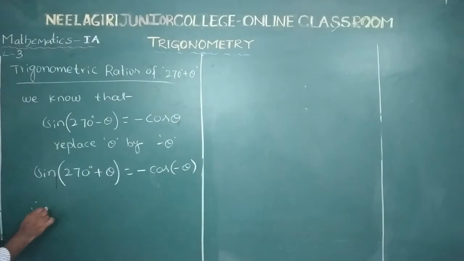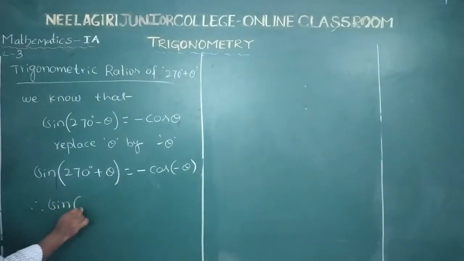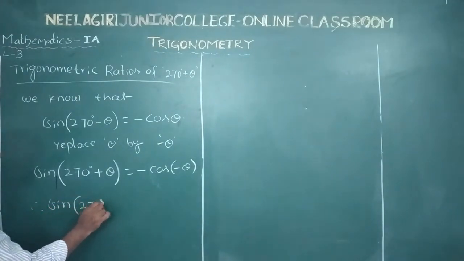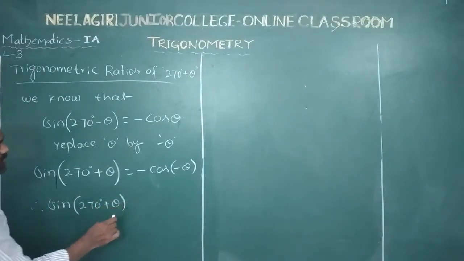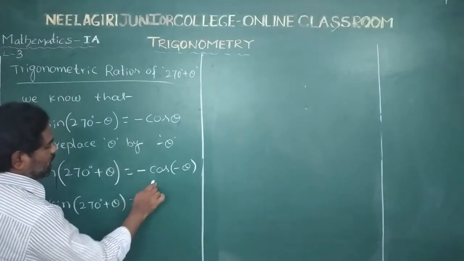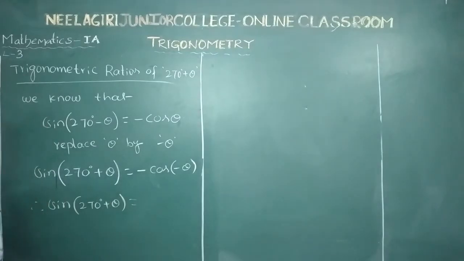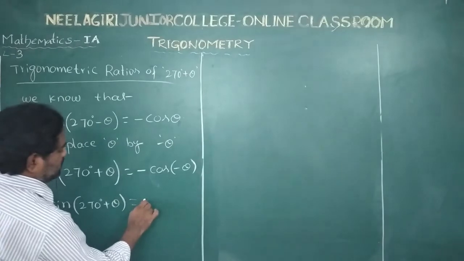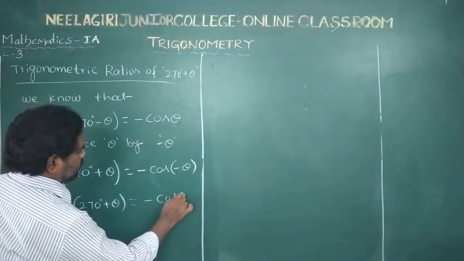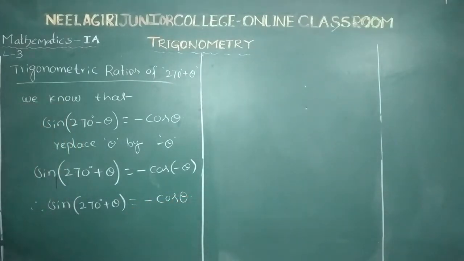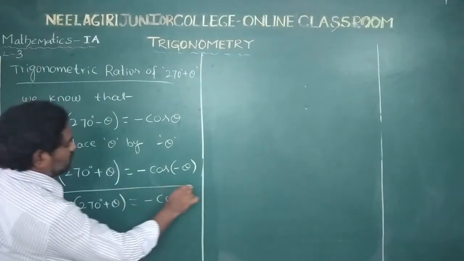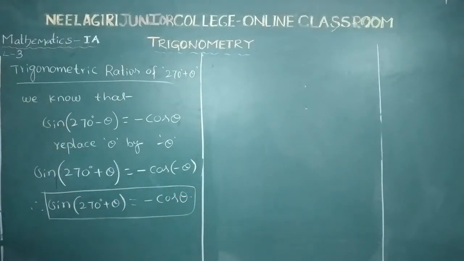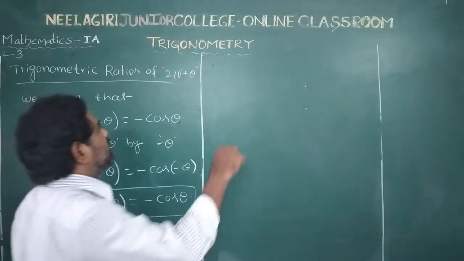So therefore sin of 270 plus theta equals minus, we know the value of cos of minus theta is plus cos theta. This minus is there outside, so this is plus cos theta. This is the value of sin of 270 plus theta. Similarly, we can get the values.